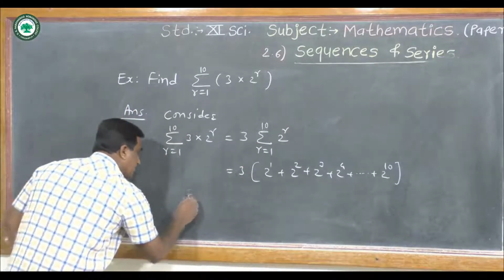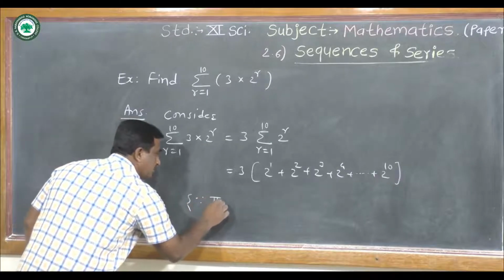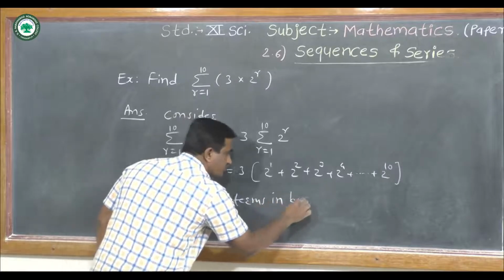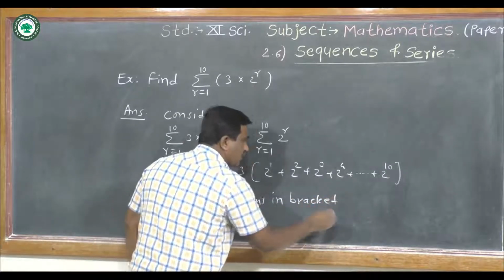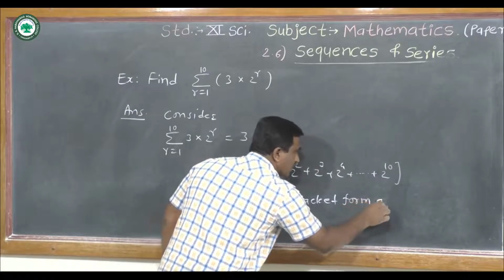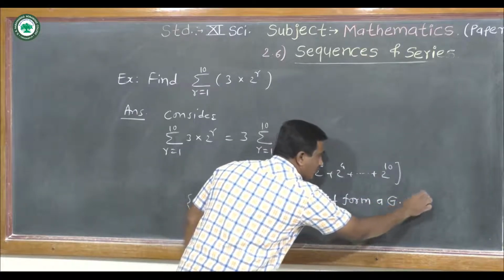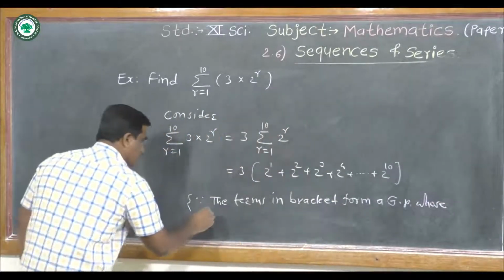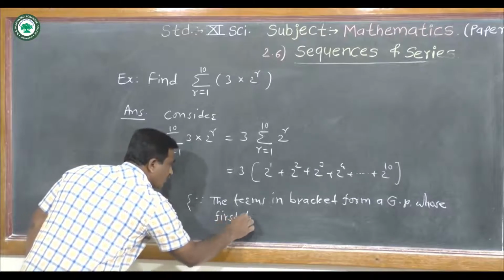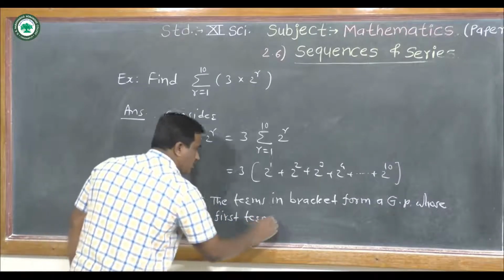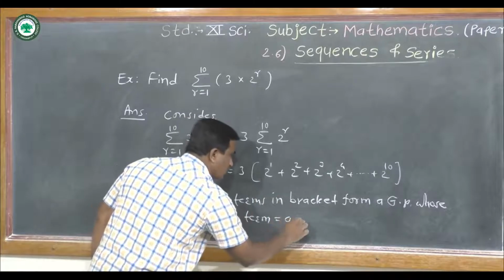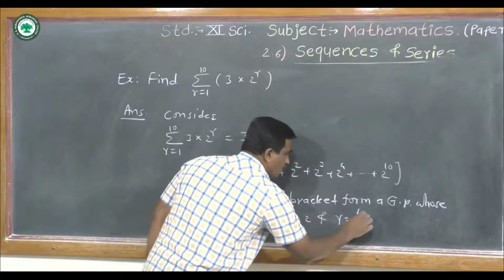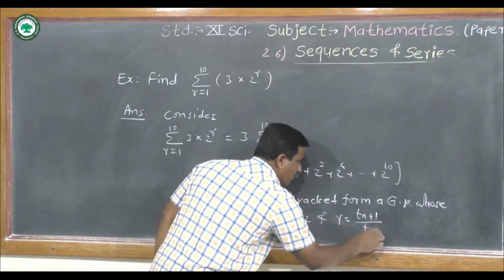Therefore, we can write here the reason: since the terms in bracket form a geometric progression whose first term is equal to A is equal to 2 and common ratio R is equal to, we use the formula here, Tn plus 1 upon Tn.